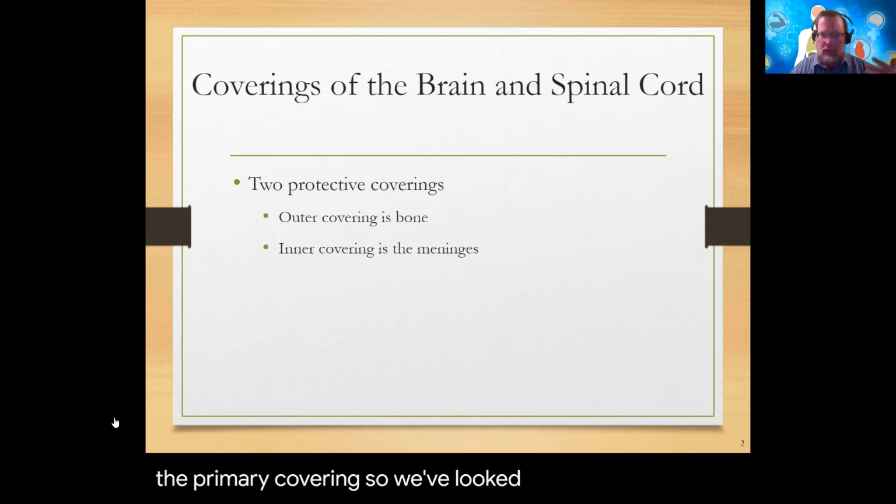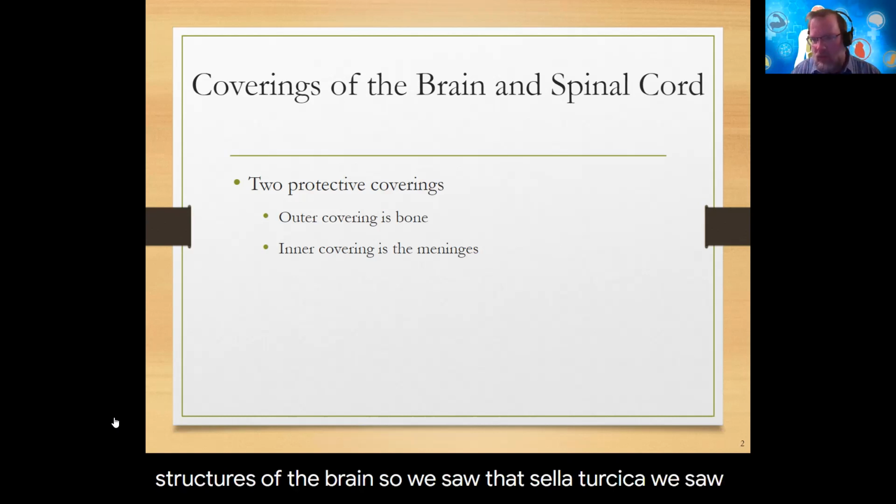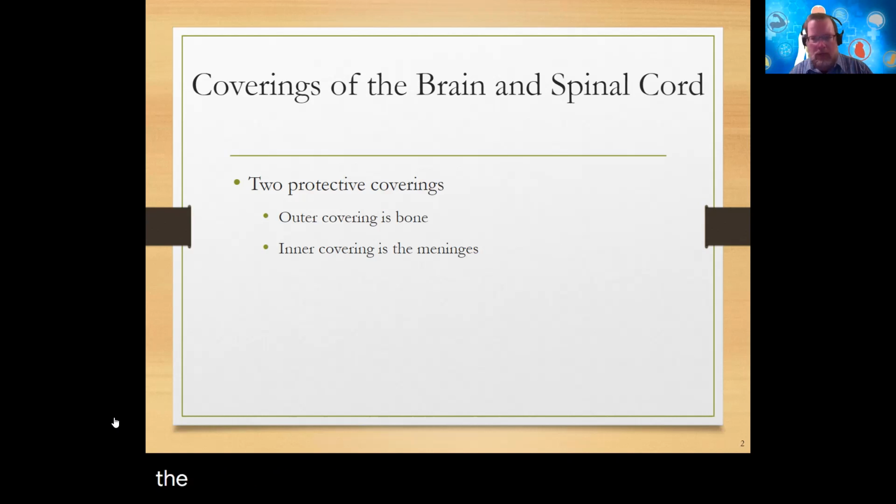We've looked at the cranial bones and some of the different structural features of the cranial bones that are there to accommodate the structures of the brain. So we saw the sella turcica. We saw it on Tuesday of this week when we looked at the pituitary gland.